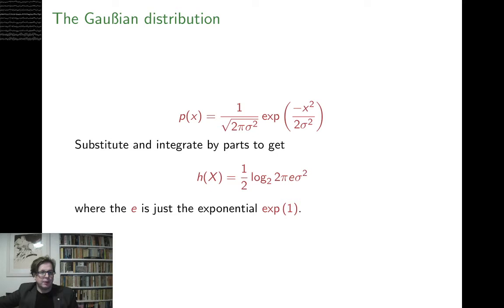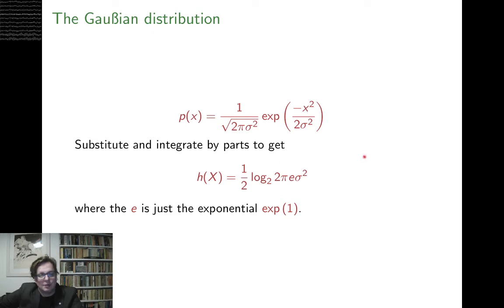Just before we go on to talking a little bit more about that, I want to do the other common example, which is the Gauss distribution, the curve we saw earlier. When you think of continuous distributions, the first one you think of is uniform, the second is normal, and then you might think of the other ones after that. So this is the Gaussian distribution.